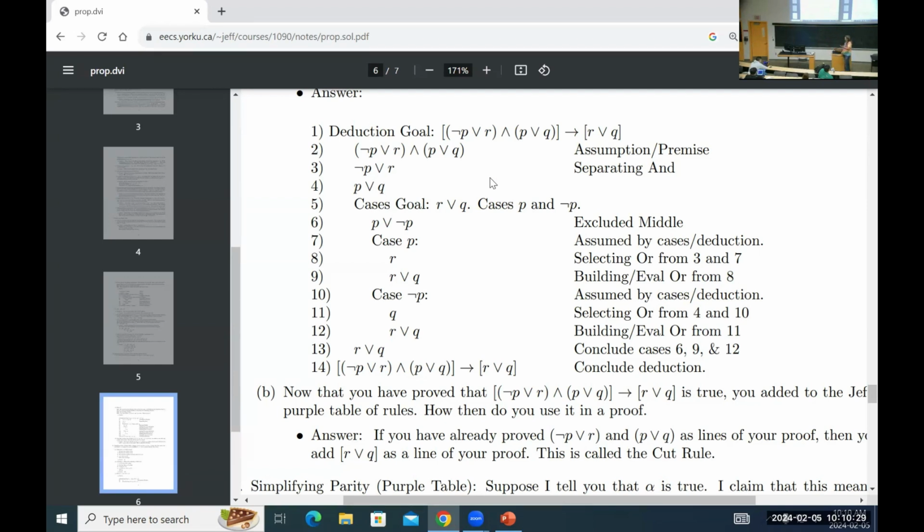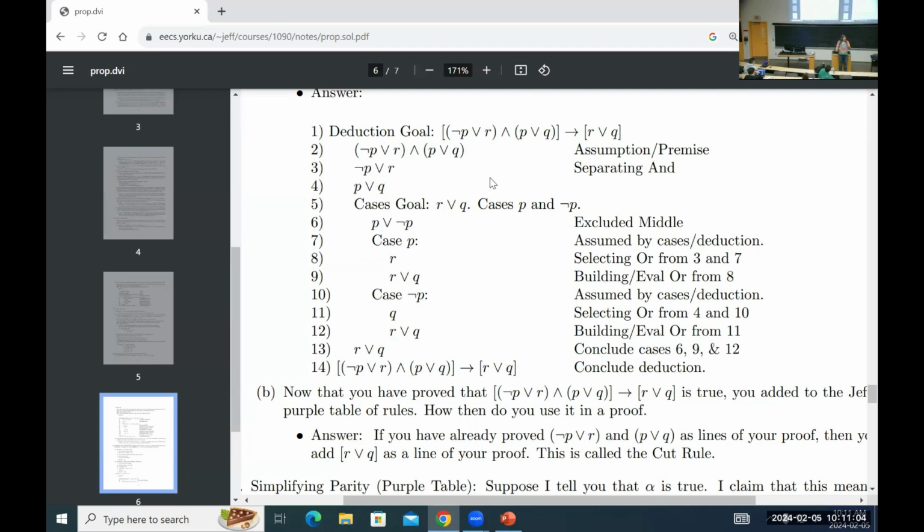On the one hand, if we're going forward, what we see is line 3 and line 4 are both ors. And what can you do with ors? You look under the purple table under ors, and you got selective or, which means if we know P or Q and we know not Q, then we can get P. If you know one of 2 things is true and one of them's not, you can get the other.